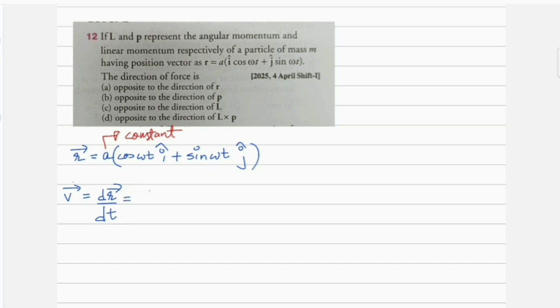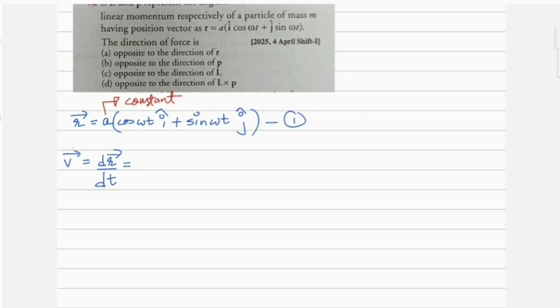Yes students, over here in this equation number 1, r vector equation number 1, A is a constant. I can take this outside the differential sign. The derivative of cos omega t i cap will be minus of sin omega t into derivative of omega t, which is omega separately, unit vector i cap as it is, plus what is the derivative of sin omega t, students?